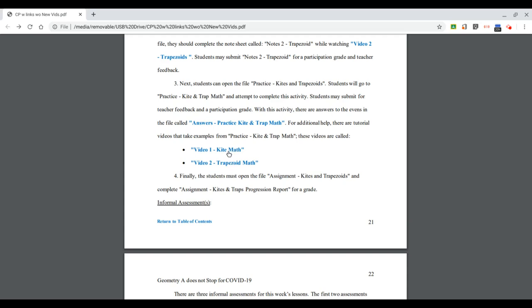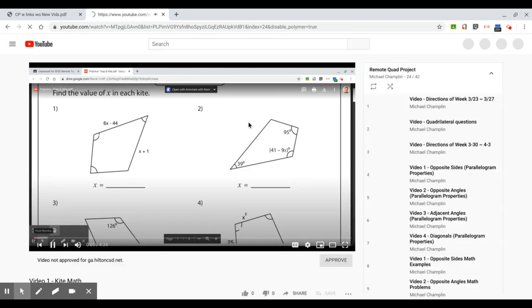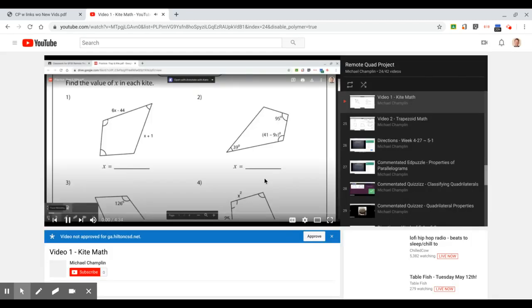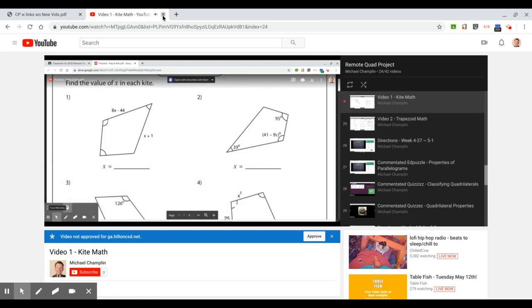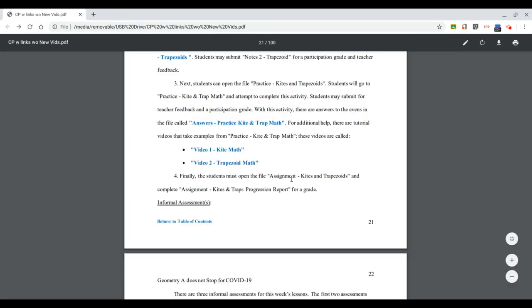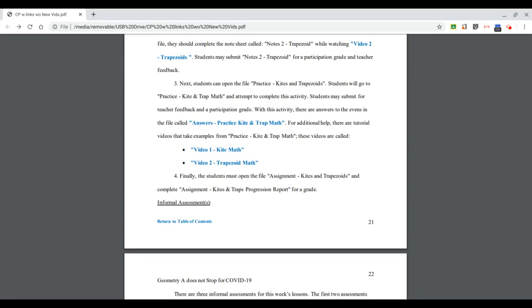And with this lesson, I did take the tutorial problems right from the practice sheet, just to motivate the students to complete these assignments, or they could try the assignment first and then see if it matched the tutorial video.